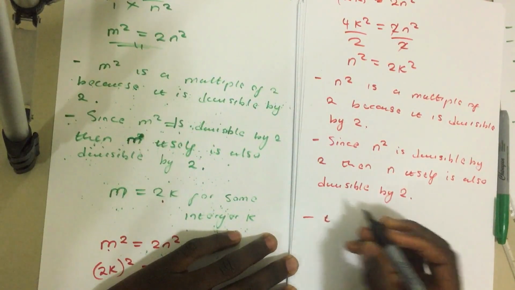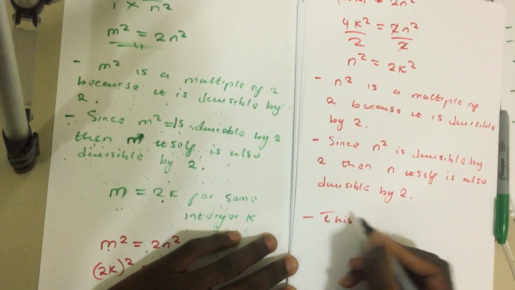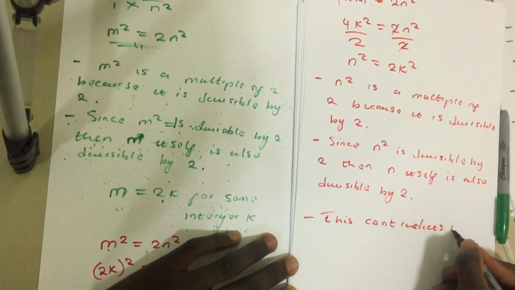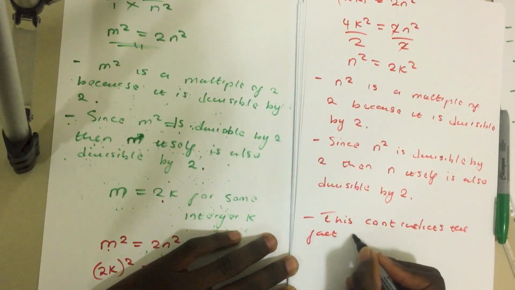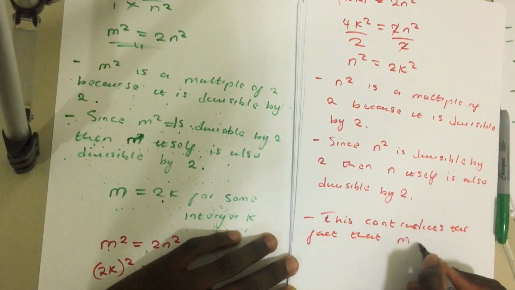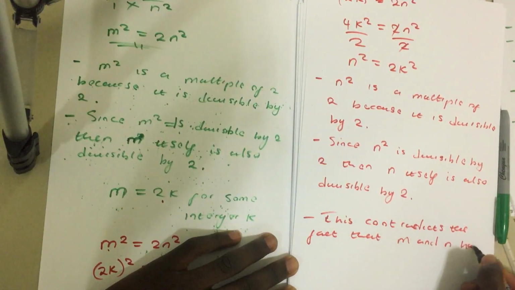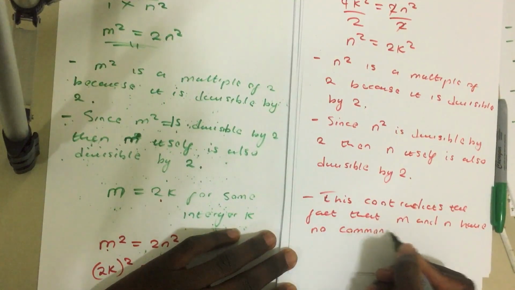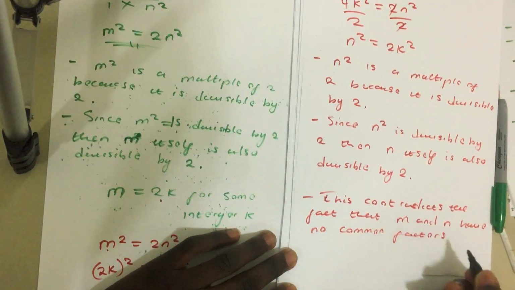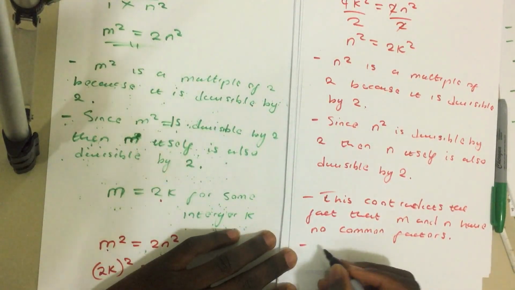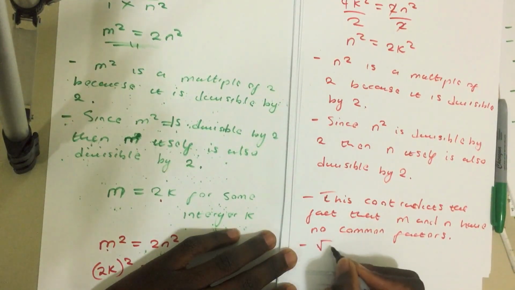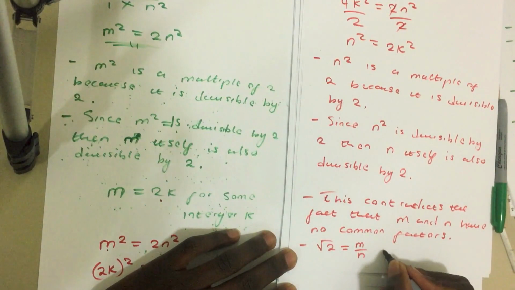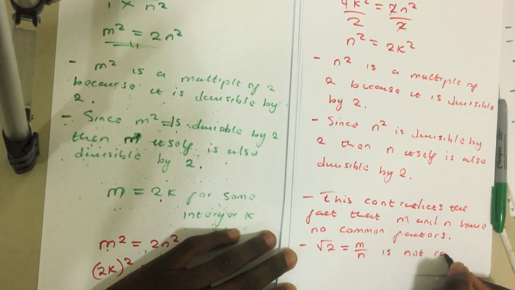So we can say that this statement contradicts the fact that m and n have no common factors, which implies that the expression square root of 2 equals m over n is not rational.